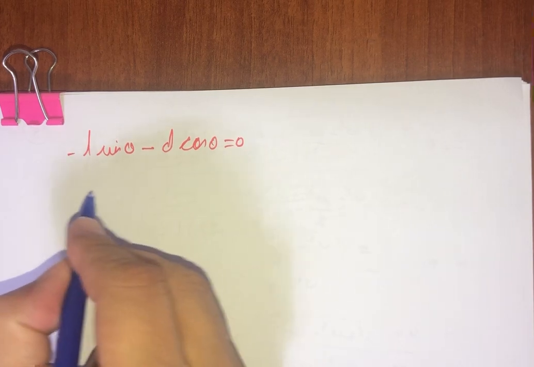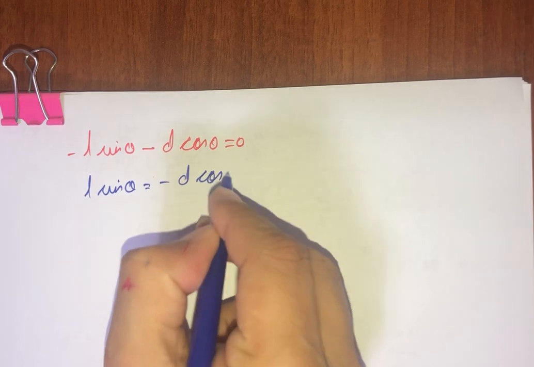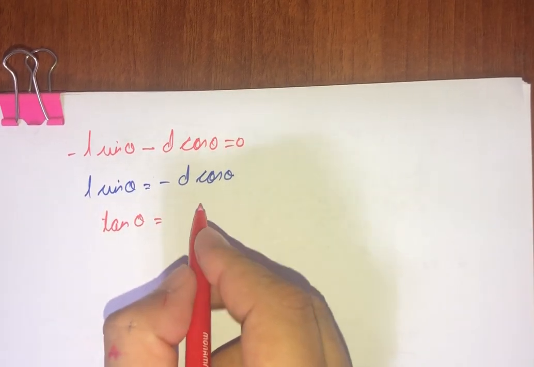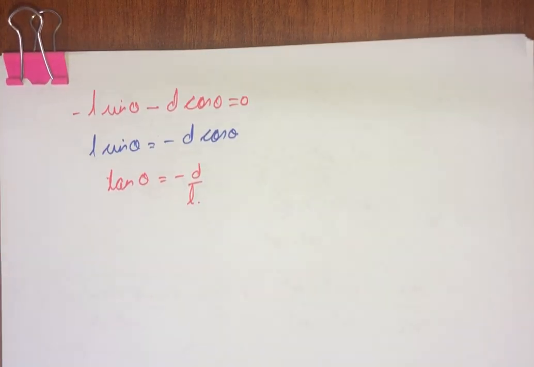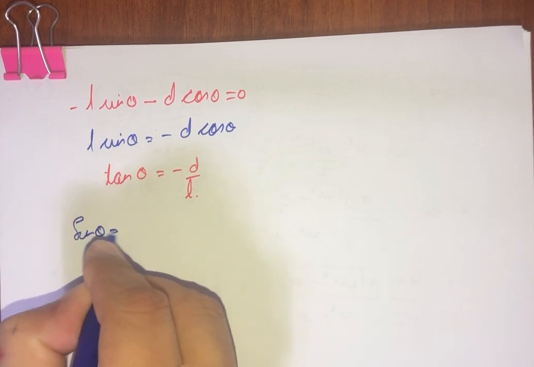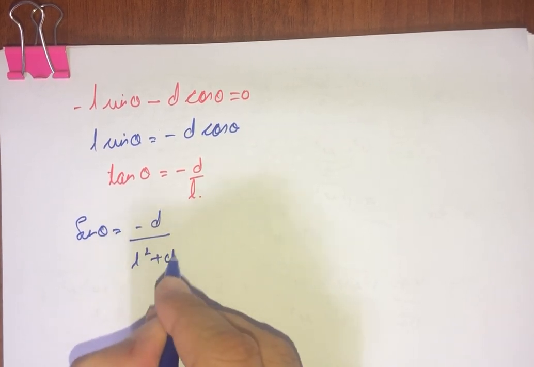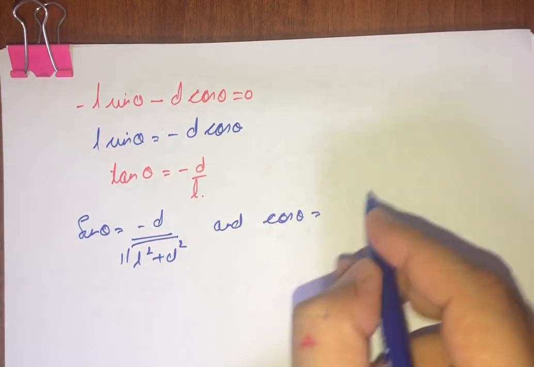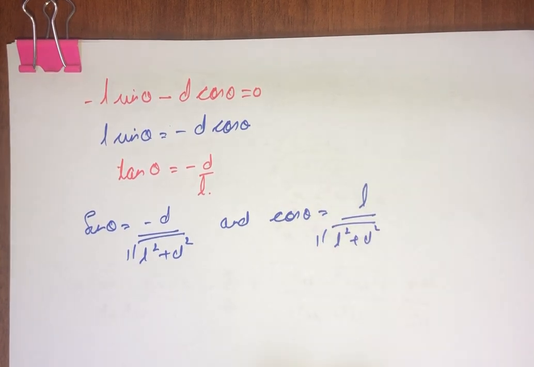So L sin theta is equal to minus d cos theta, or tangent theta is equal to minus d upon L. From here we can find sin theta as well as cos theta. Sin theta will be equal to minus d divided by the square root of L square plus d square, and cos theta will be equal to L divided by the square root of L square plus d square.